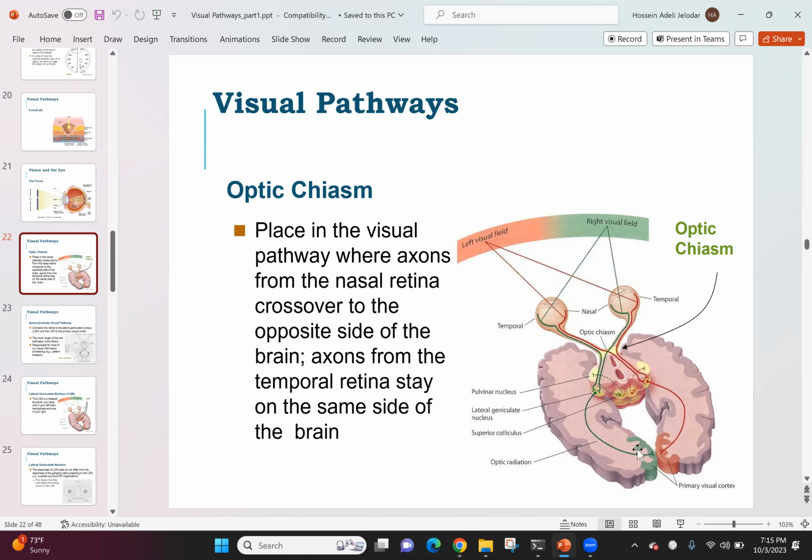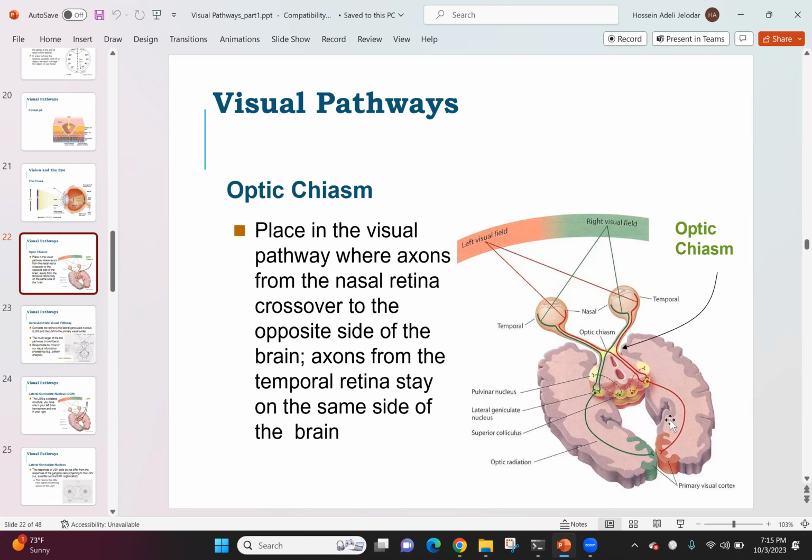So when we say the left hemisphere of the brain is processing the visual input from the right visual world, this is what we're talking about. All the axons carrying information that respond to the right visual world are gathered and go to the left hemisphere.